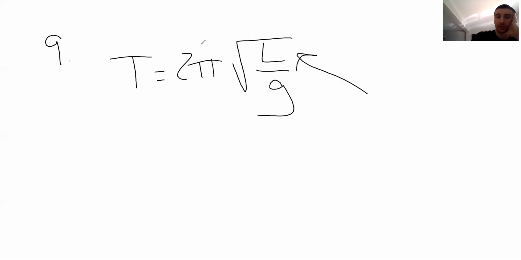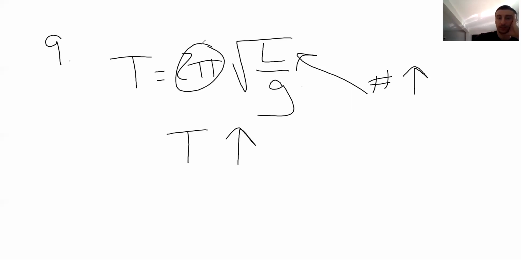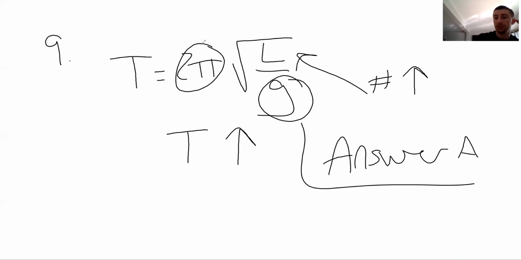So if I get a bigger number here, my number is going to go up, that gives me a period that also has to go up, right? Because this stays the same. So my period is going to go up, in other words, it can be longer than 1 second. So it's going to swing slower, and therefore the clock is going to run slower. So the answer is A.